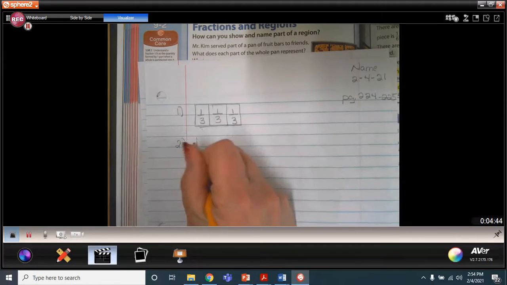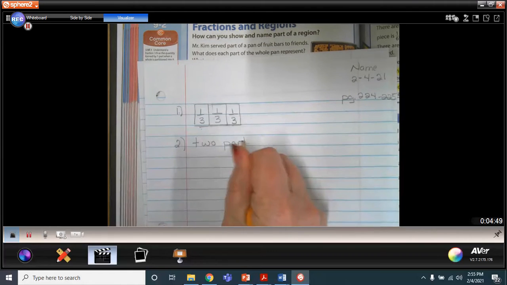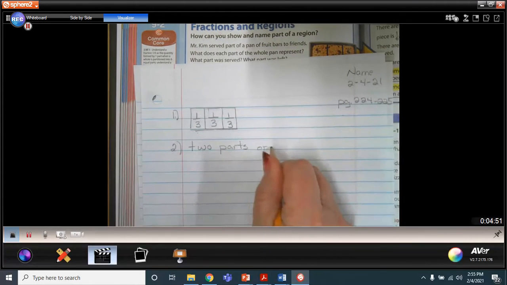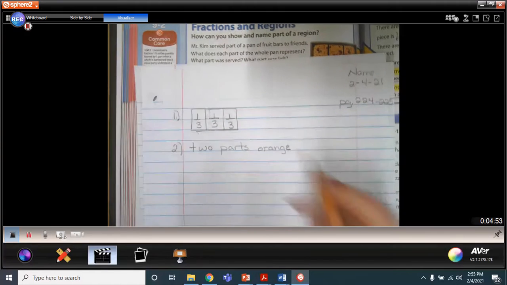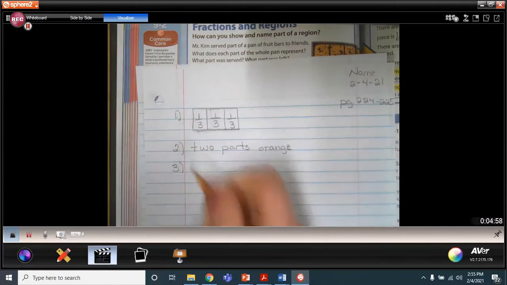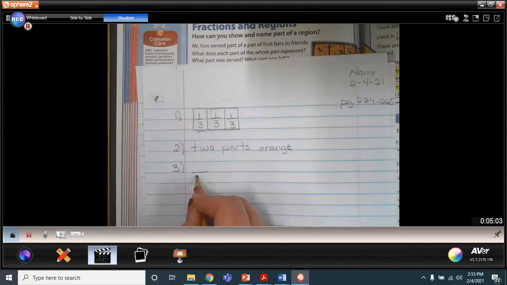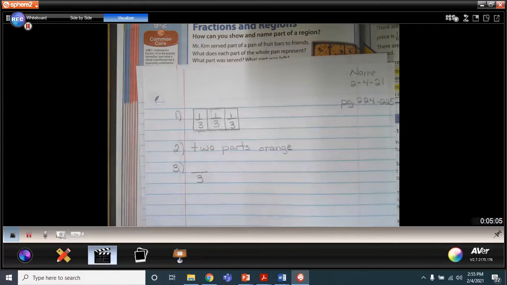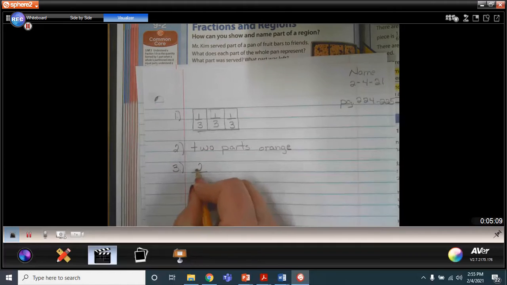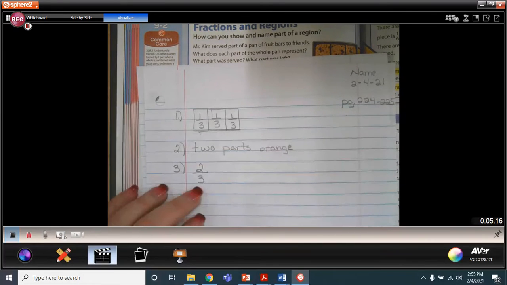Well, there are 2 parts that are orange. Now, they want us to take that information and write it as a fraction. So remember, we have 1, 2, 3 equal parts in that rectangle. But now we're going to count the parts that are orange. And so we put that number in the numerator because we're counting the parts that are orange out of, or from, the 3 equal parts.